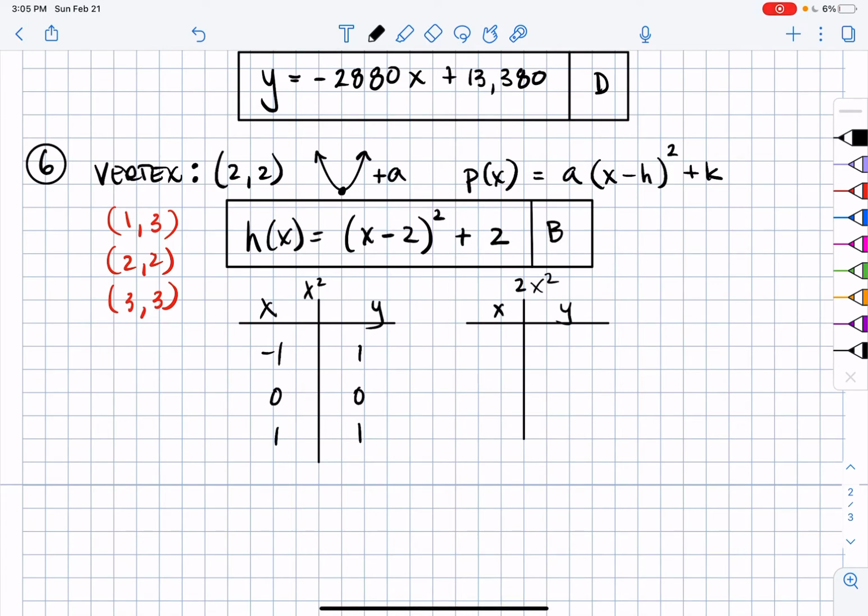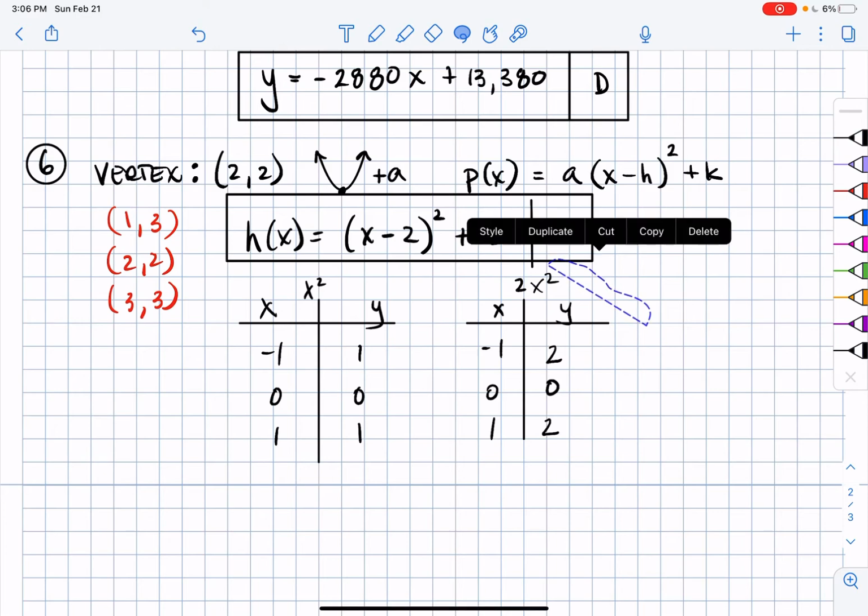If I have negative 1, 0, and 1 again, then once I square negative 1, which is 1, I multiply by 2. Now this is 2, this is 0, and this is going to be 2. So now it not just moved over 1, but it went up 2. So it's not the typical one-square separation. So that's why things would change if the A changed from 1. Okay? Just so you guys know.